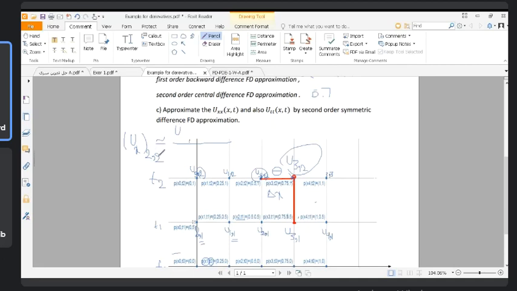Okay? Please pay attention to me, everybody. For U with respect to X, the index of T is constant, but the index of X should be increased.